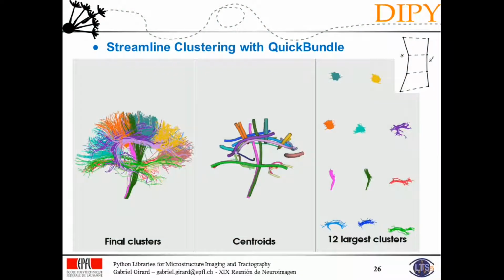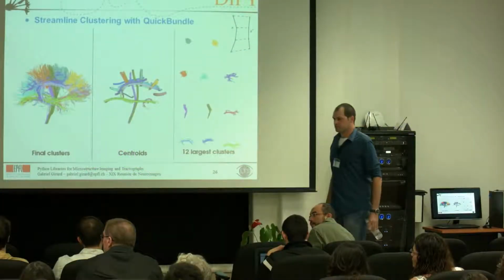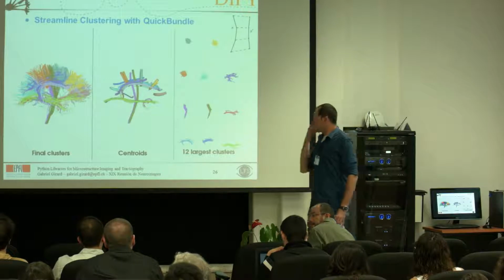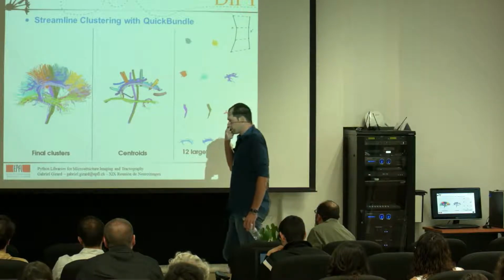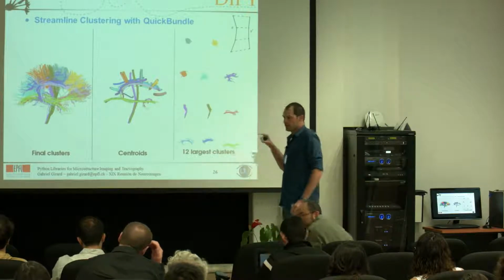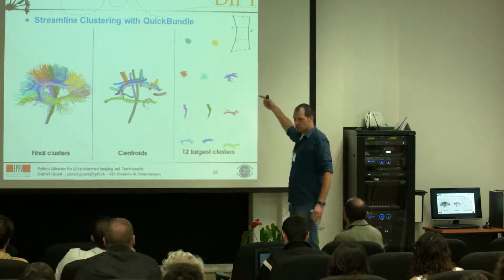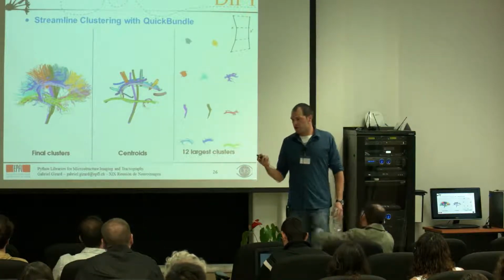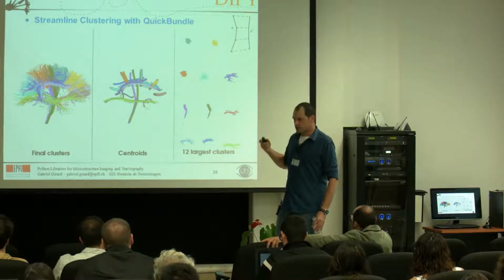Yes? Can you provide the cluster, say, derived from an atlas, and have a new subject and classify these streamlines according to those centroids? There's a paper that came out this year, I think, called Recobundles, that is built on top of Quick Bundle, which uses a dictionary of clusters.